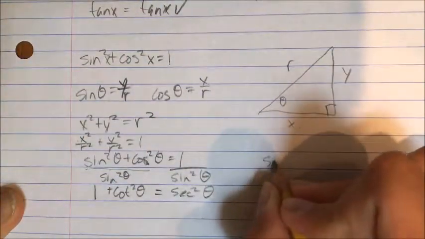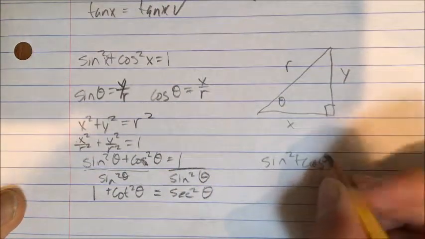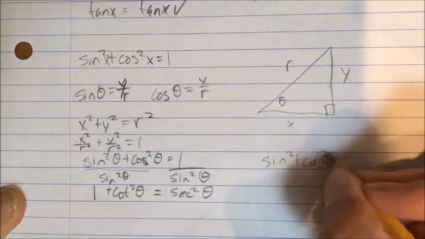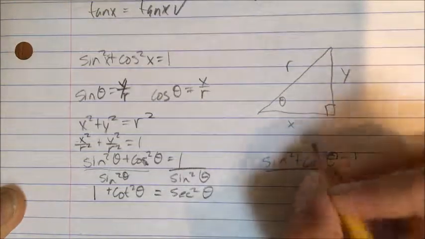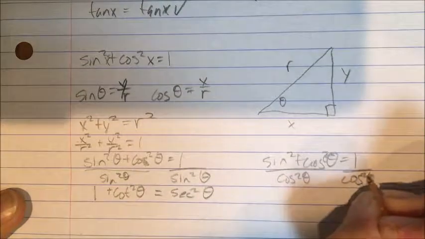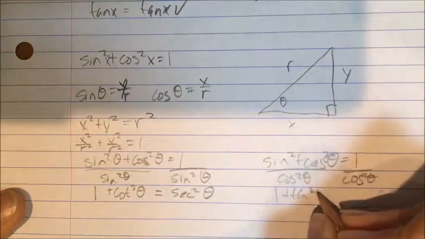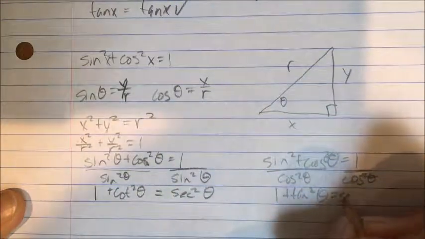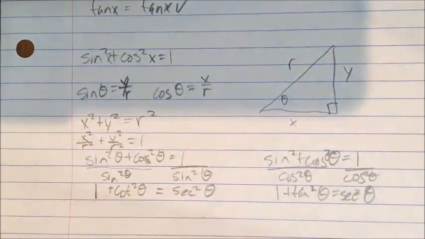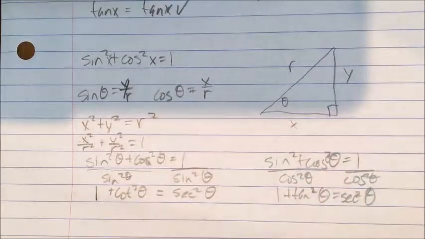And if we divide both sides by cosine squared theta, we get 1 plus tangent squared theta equals secant squared theta. And that's the other form of the identity.